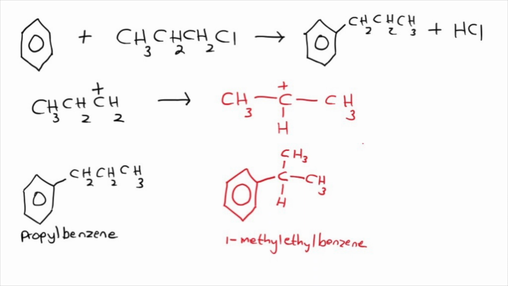Now I've drawn this carbocation in red, and the result of this rearrangement would be, instead of getting propylbenzene, I would also get 1-methyl ethylbenzene, which I've drawn in red here.